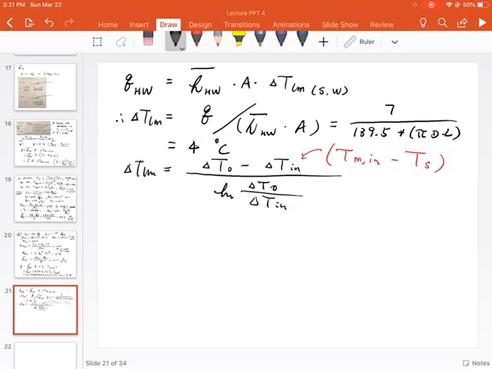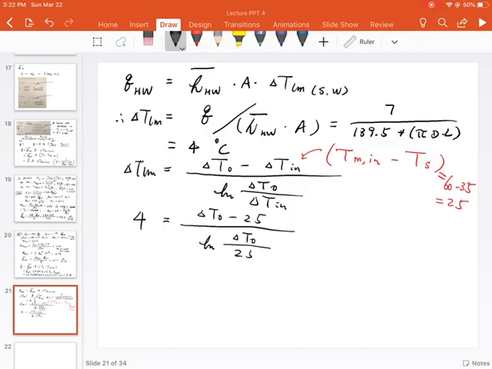So 4 equals delta T minus 25, over log delta T over 25. The outlet temperature difference between the surface and the water is only 0.05 C.